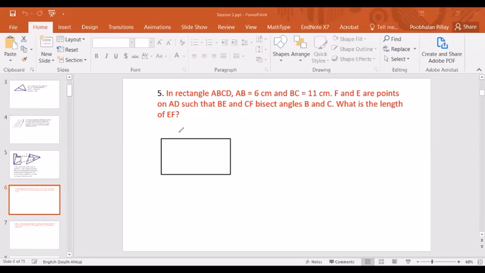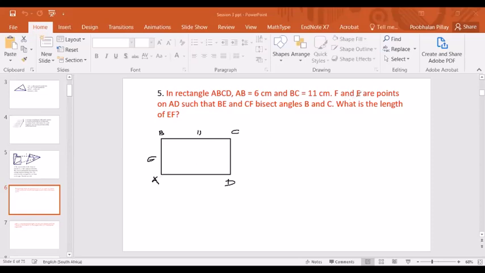So let's just make sure that BC is 11 and AB is 6. So now you have A, B, C, D. When you're naming it, don't go A, B, C, D like that. You must go in one direction, right? Otherwise, you'll get a wrong diagram.